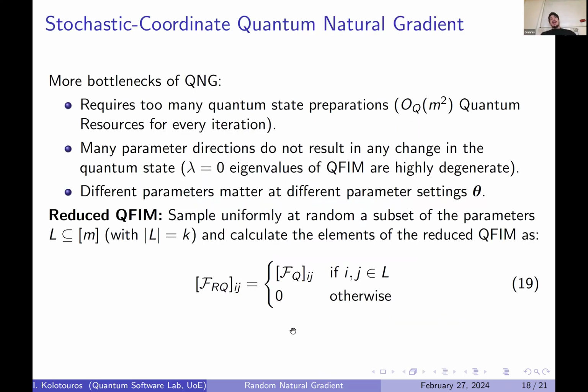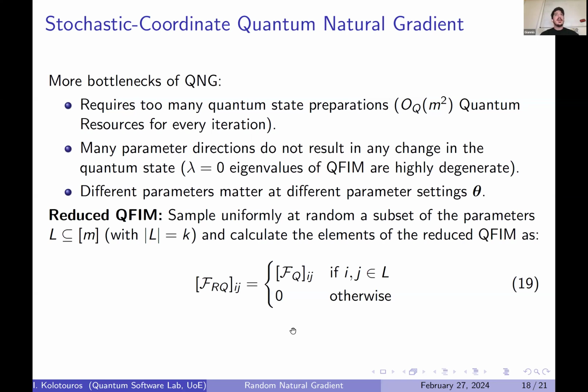The other method that we developed is called the Stochastic-Coordinate quantum natural gradient. As we already discussed, one of the bottlenecks of the quantum natural gradient is that it requires too many quantum states to prepare during the optimization. For example, there was a very recent paper by some people from IBM, I believe.